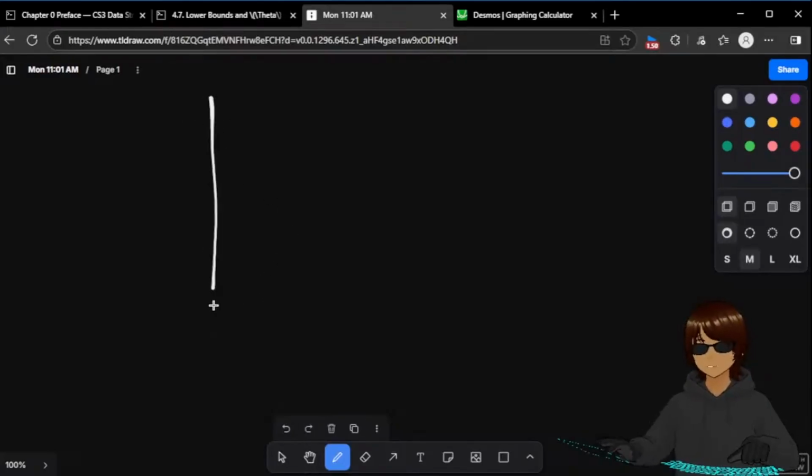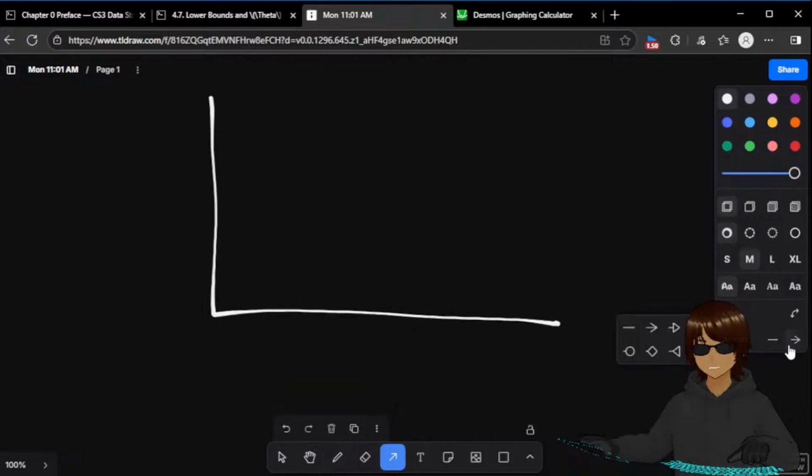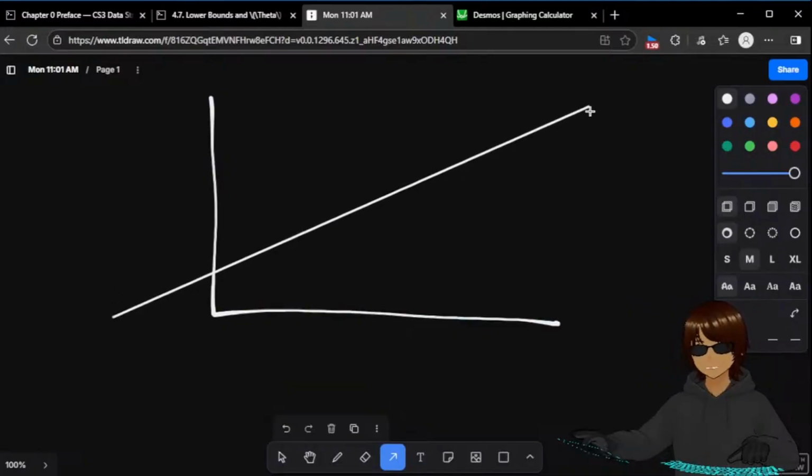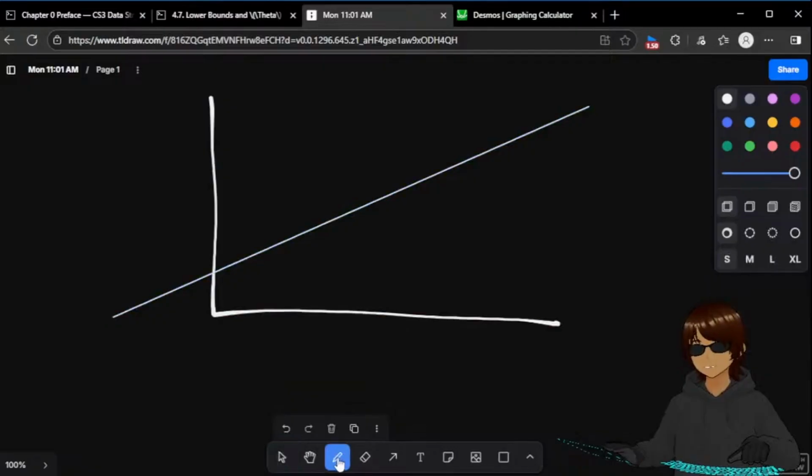If you have a function, if you have a running time as a straight line, say this is T(n). Let's say this is T(n). We have another function.